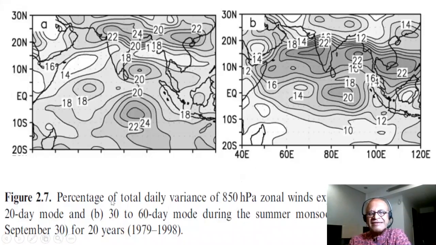Percentage of total daily variance of 850 hectopascal zonal winds explained by 10 to 20 day mode. You can see this Rossby wave structure here. So this is explained by this time scale, which is generally referred to as a quasi-biweekly time scale of 12 to, I think, 12 to 18 or 12 to 20 days or so.